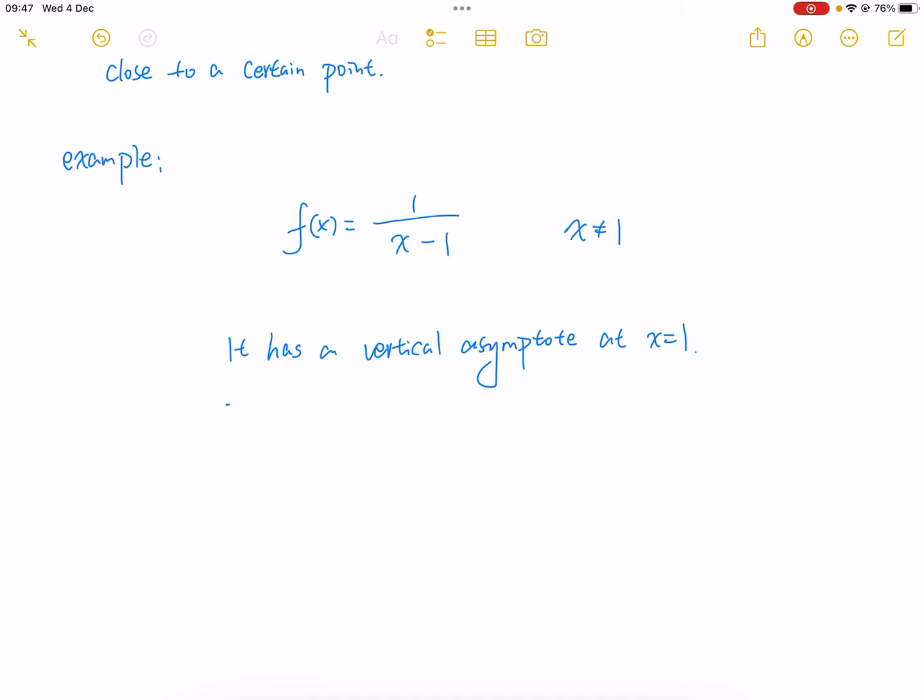So this gives us an infinite discontinuity.